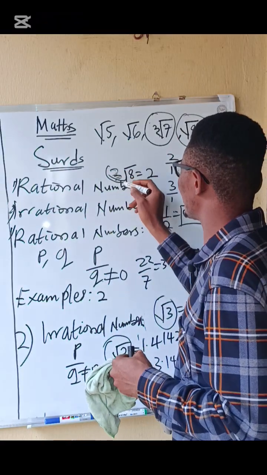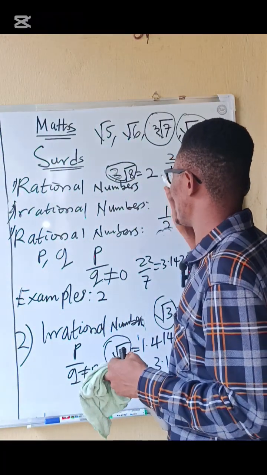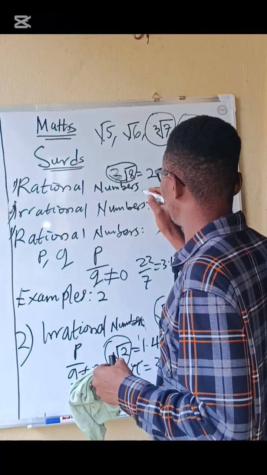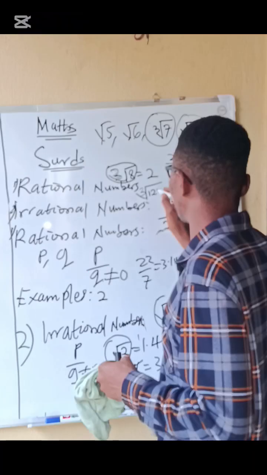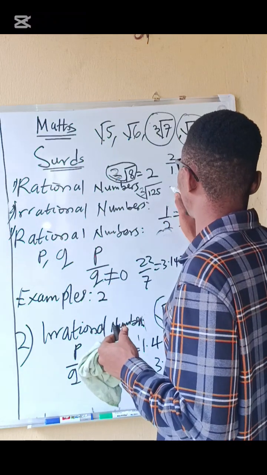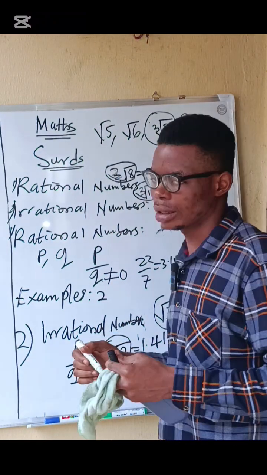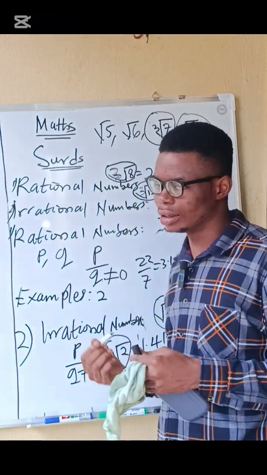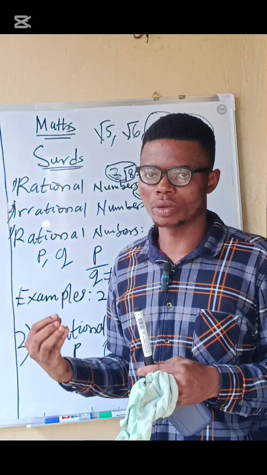So it means that cube root of 8 is a rational number. If you find the cube root of 125, you are going to have 5, which means that this is a rational number. So it is very simple. I hope you get the interpretation.